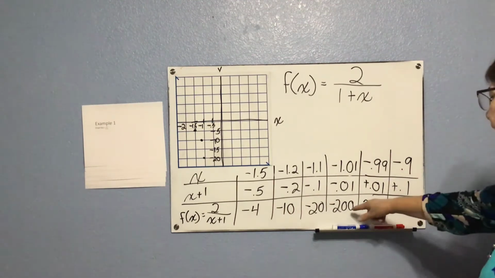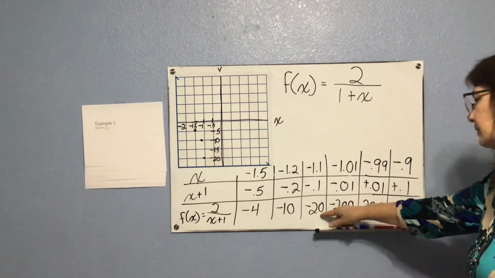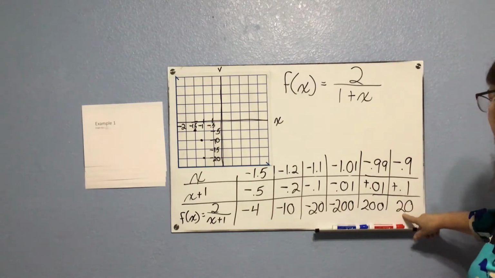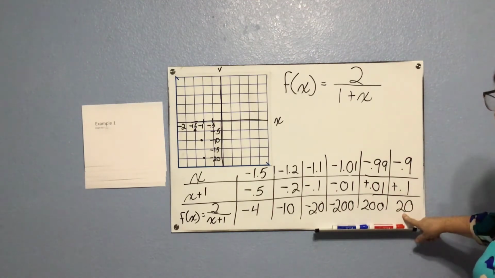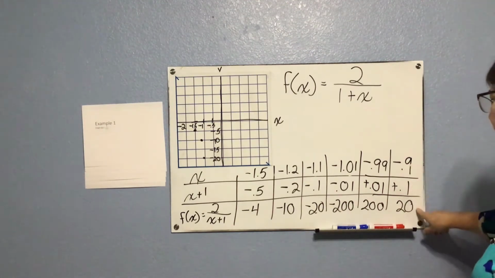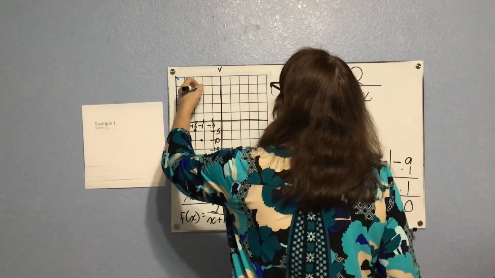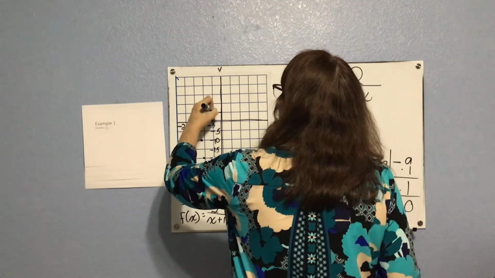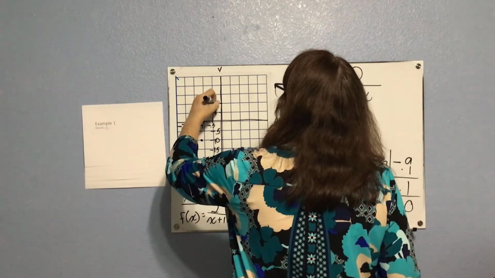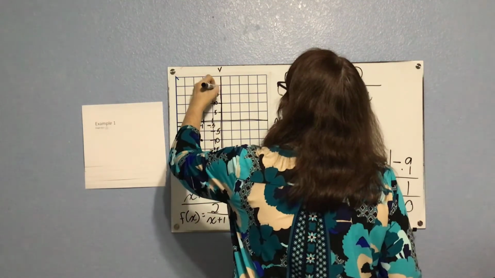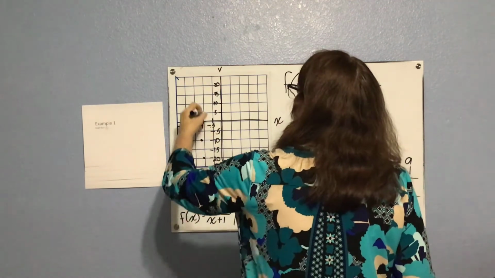I can see that there's a symmetry here. So at negative 0.9, I'm going to go up to positive 20. So this was 5, 10, 15, and 20.